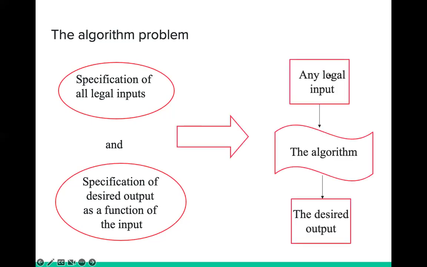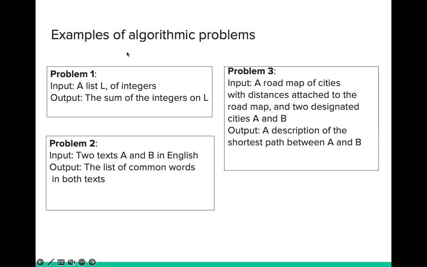These valid inputs will be fed to the algorithm, which will have a sequence of steps to provide us the desired output. Here are some of the problems that we can solve. First is computing the sum of integers in a list.